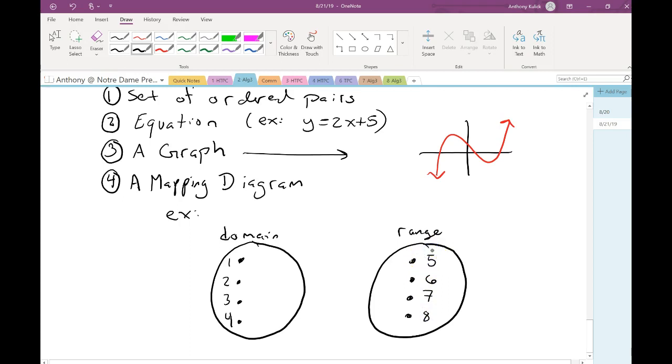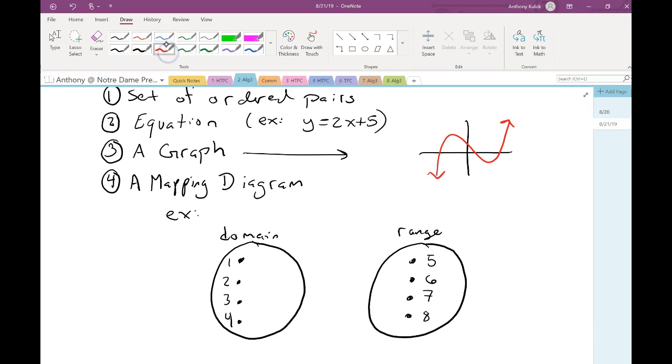Inside of the domain, we're going to put a point and then label that point with whatever the value is of that number that's in the domain. So in this case, the domain is the numbers 1, 2, 3, and 4. And the range, similarly, would be the numbers 5, 6, 7, and 8. Everybody's okay with that idea?